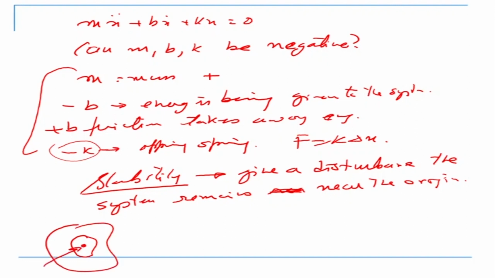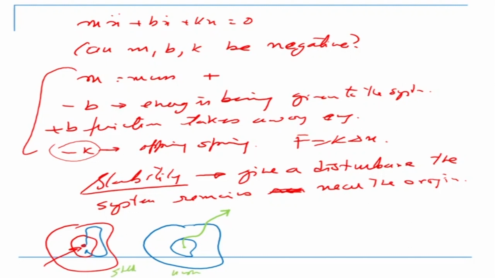If I give a disturbance, it roams around, can go out like this, roams around here and comes back. It may not come back exactly there, but somewhere near there. So this system is stable, whereas if I look at a system like this and give it a disturbance, it goes out somewhere else. This is unstable. So this is stable, this is unstable.